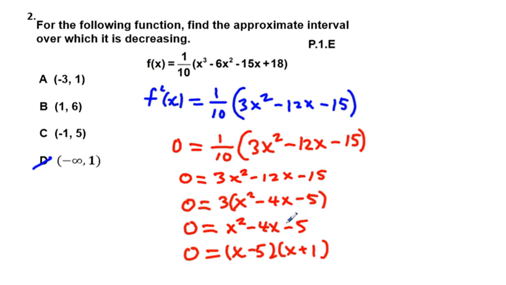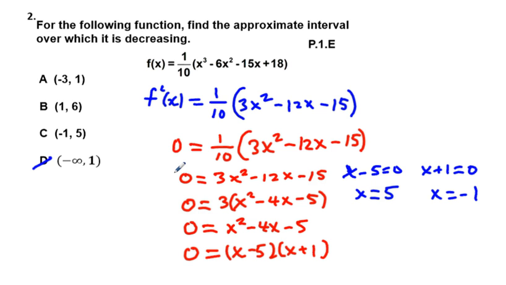So this is going to be it right here. And so using the zero factor property of algebra, we know that x minus 5 equals 0, and likewise, x plus 1 equals 0. In solving for x, we have x equals 5 and x equals negative 1.